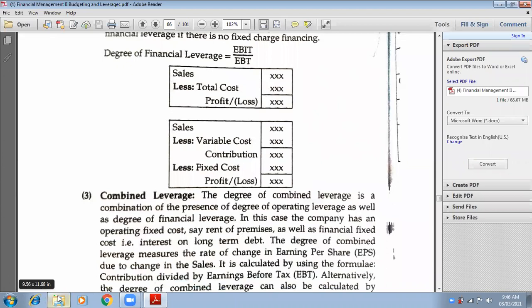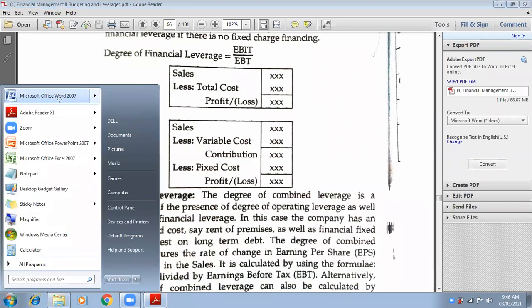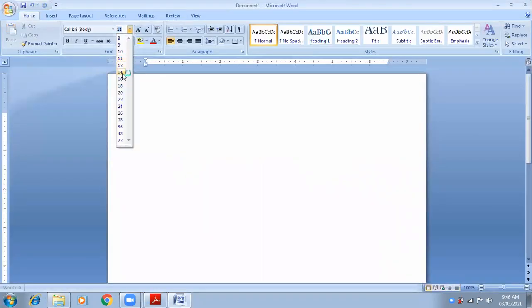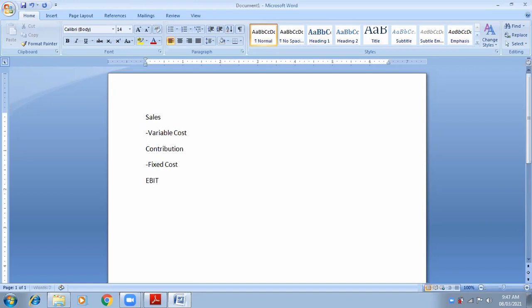Now I will explain you here. See, first of all, let me start with the format. The format is sales minus variable cost, you will get contribution. Less fixed cost, you will get EBIT.